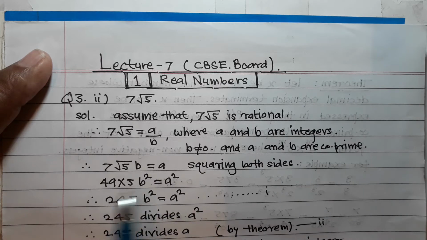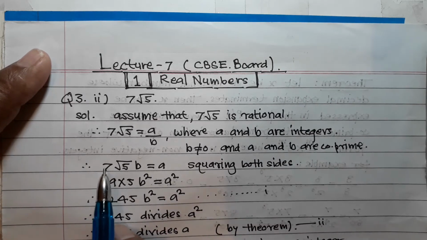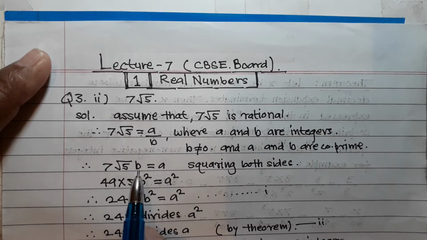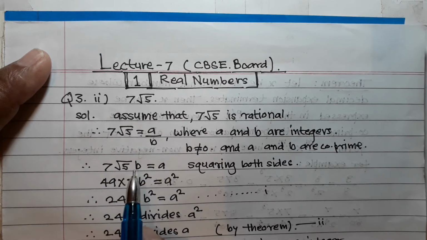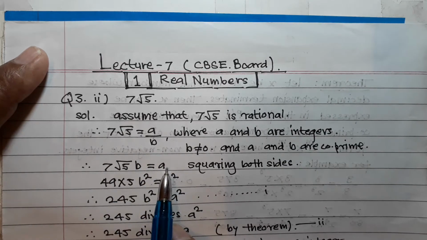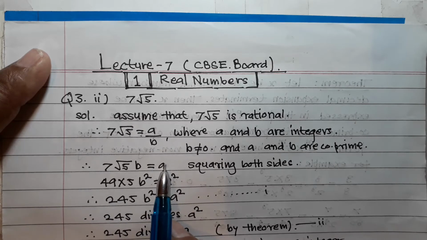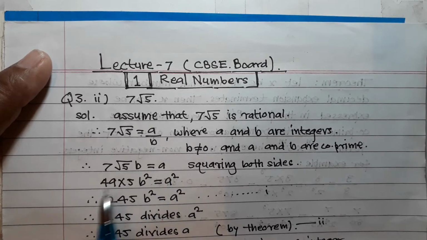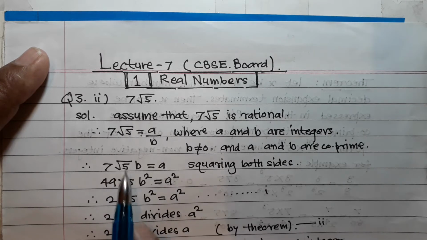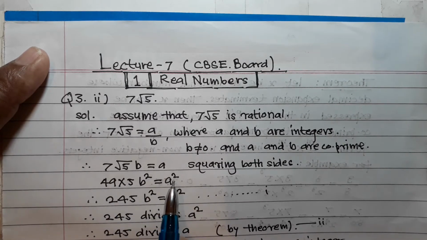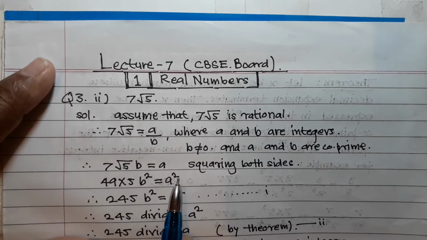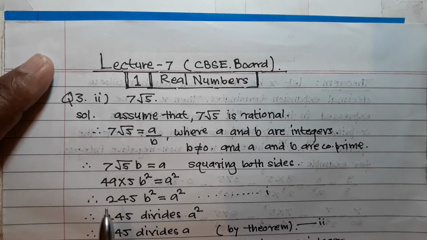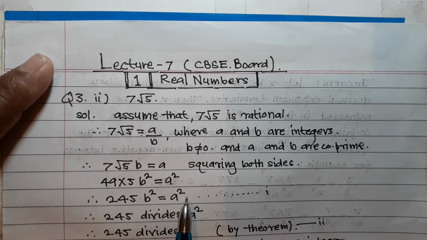Okay, and therefore 7 root 5 b, this b you transfer here, is equal to a. Then squaring both the sides, 49 into 5 b square is equal to a square, and therefore 245 b square is equal to a square.